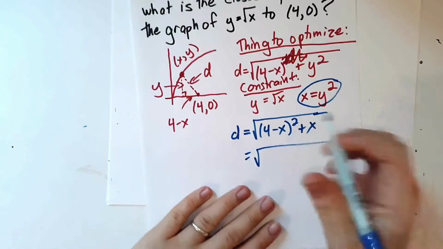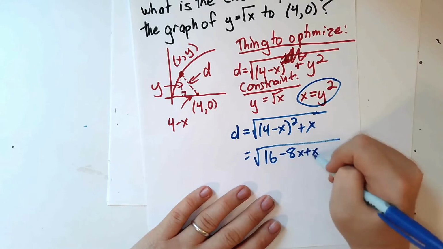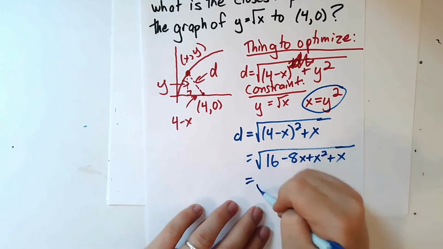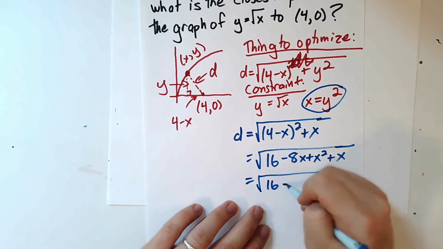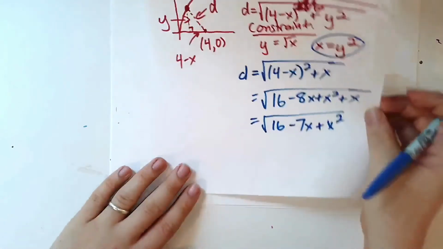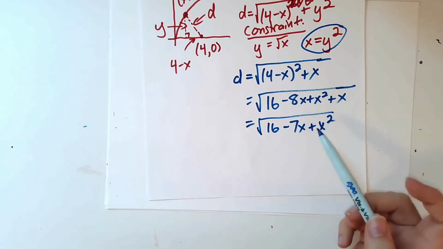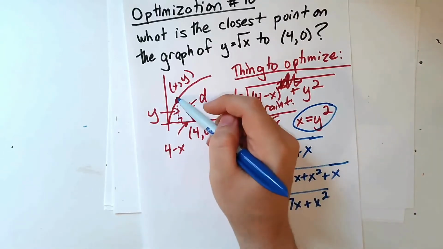So this is the square root of 16 minus 8x plus x squared plus x, which is the square root of 16 minus 7x plus x squared. Okay, so that is my distance of this line in terms of where I put this point x, y.